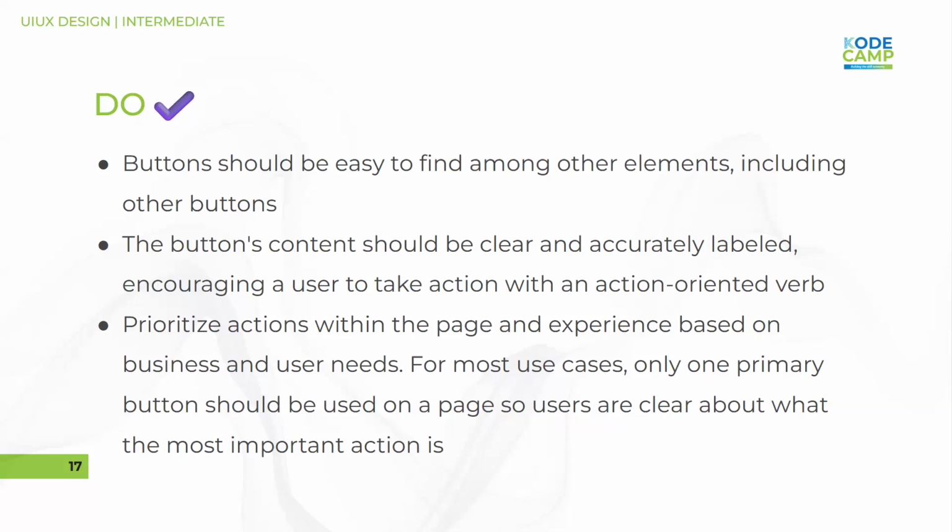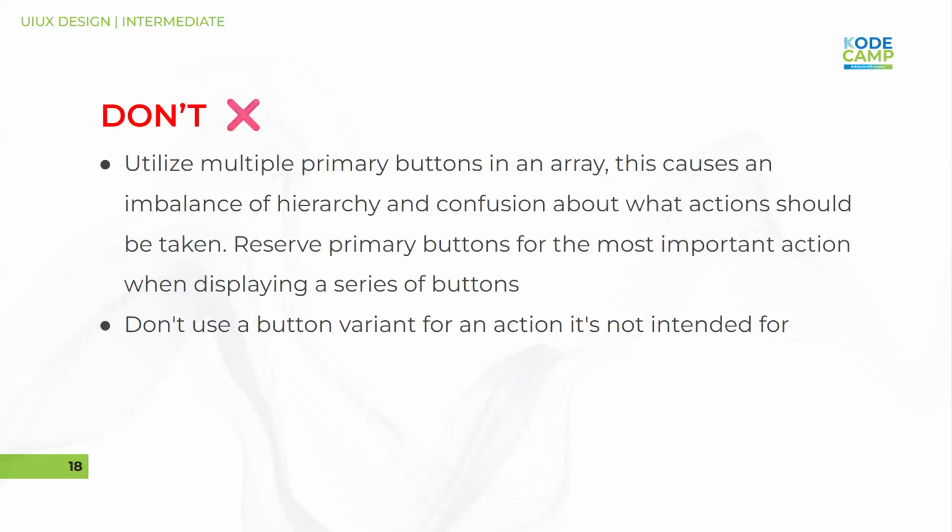Don't utilize multiple primary actions in a hurry, because this will cause an imbalance in hierarchy and also confusion about what actions should be taken. Also reserve primary buttons for the most important actions when displaying a series of buttons. So don't use a button variant for an action it's not intended for.